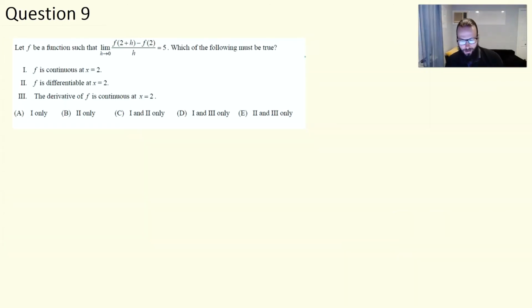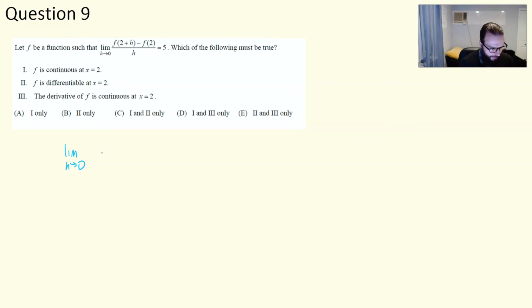This is question number 9 on our Chapter 1 Limits Review quiz. And what we have here is a definition question. So we are told that the limit as h approaches 0 of f of 2 plus h minus f of 2 all over h is equal to 5.